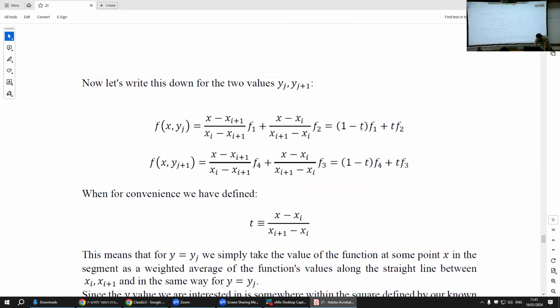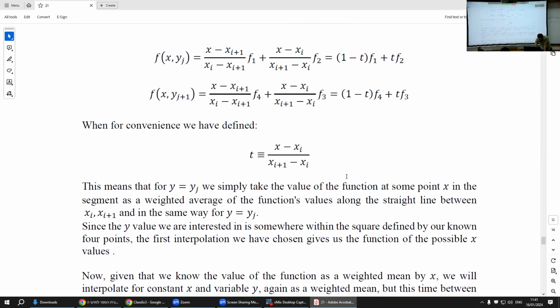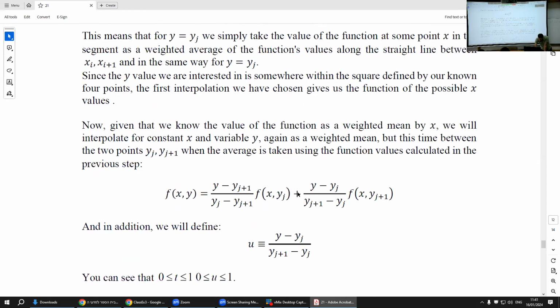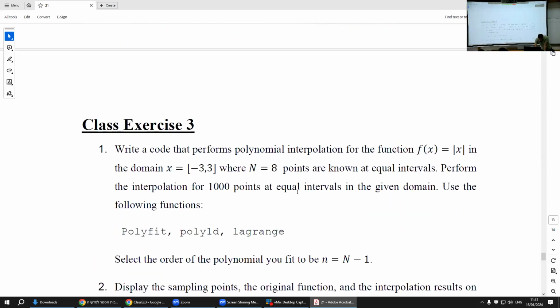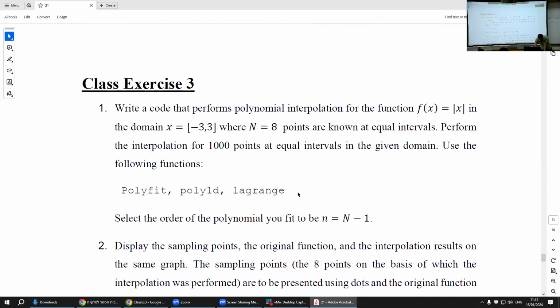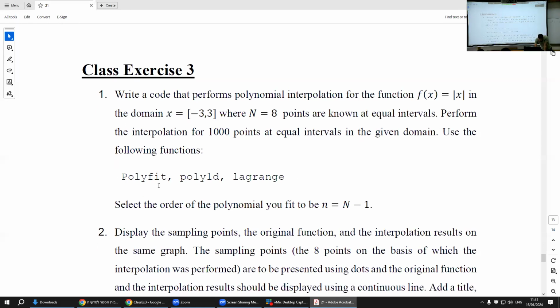Okay, so here we have the definition of T and U, especially for this example, it's not so important. What's important is that you understand how we make this interpolation in more than one dimension. And now notes for NumPy. I understood that polyfit is now called polynomial fit.